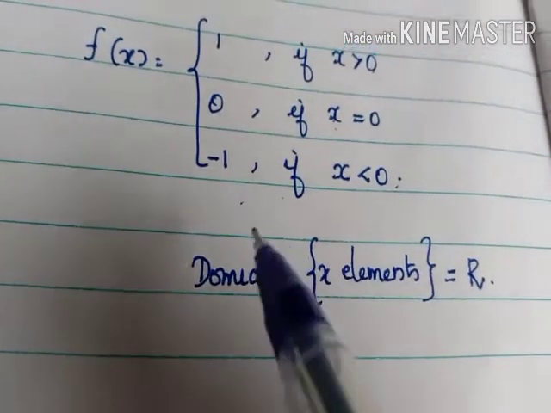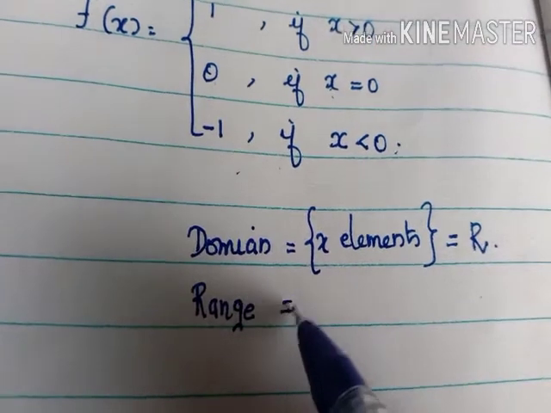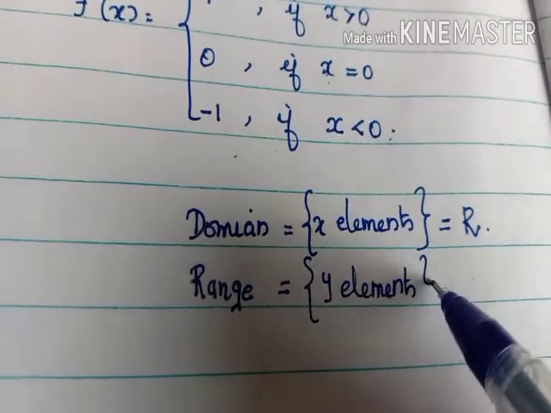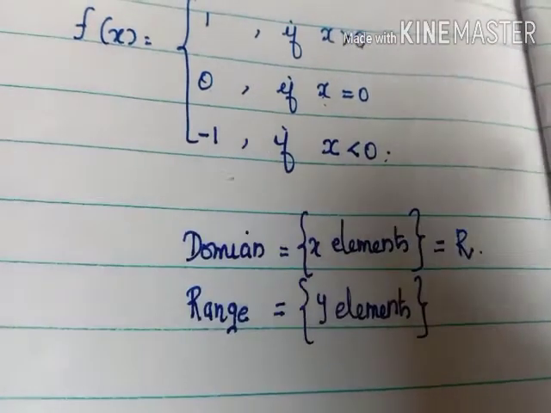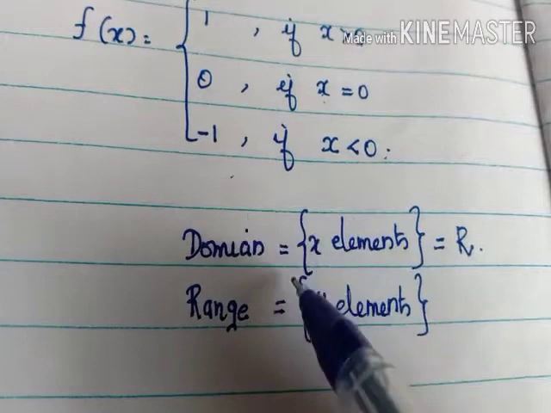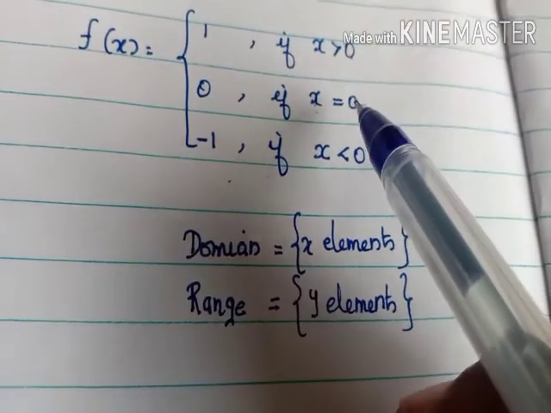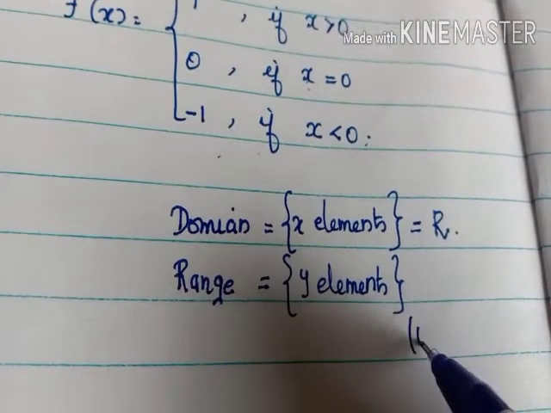At the same time, what is its range? Range means the function values, or the set of all y elements. That means if we put x equal to a value, what is the y value? If we put x equal to 0, what is its y value? 0.